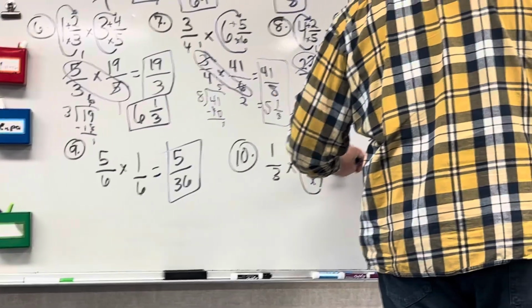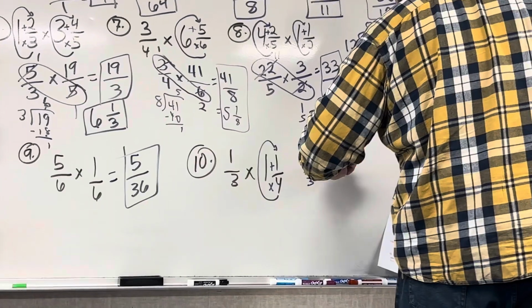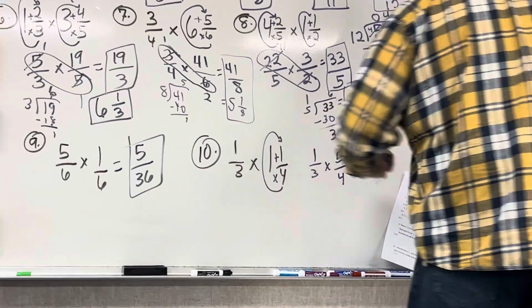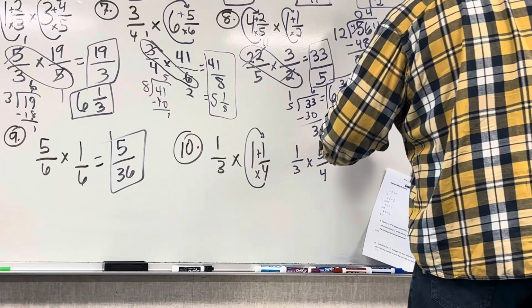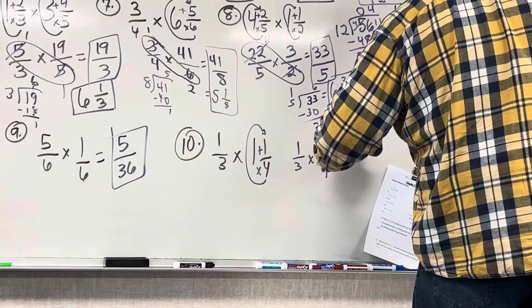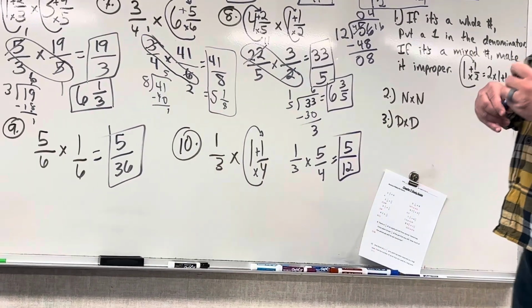So we have 1 over 3, which stays the same, times 5 over 4. And there's nothing I can really take out, so I just got to multiply. 5 times 1 is 5, 3 times 4 is 12. And 5 over 12 is your final answer for number 10.